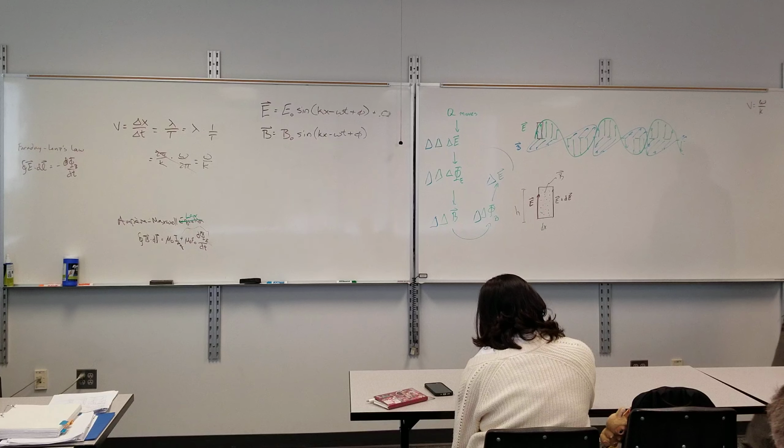On the left-hand side of my equation here, I have EH plus H dE minus EH equals negative H dx times dB dt. Well, two of the terms cancel each other out because I got EH and negative EH.